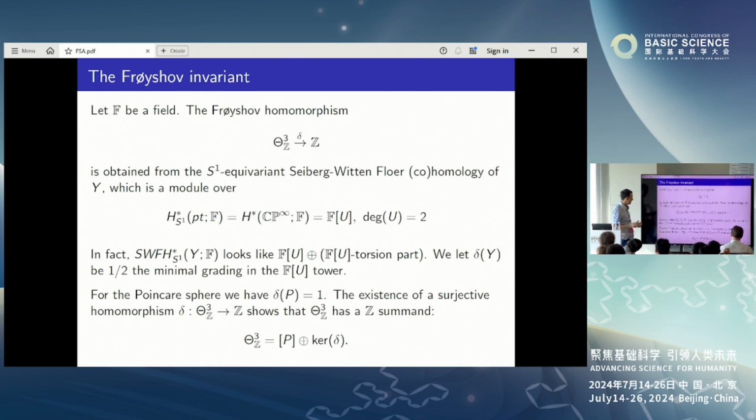Once you have an epimorphism from an abelian group to Z, the abelian group splits off a summand of Z: the kernel of the homomorphism and the thing generated by P, the element that maps to 1. This is how you can show that this has a Z summand. This was done by Frøyshov, who did something similar using Yang-Mills, but you can also do it using Seiberg-Witten.